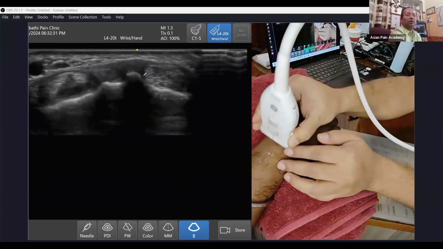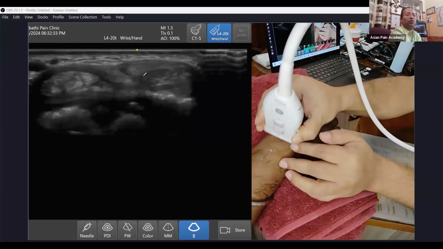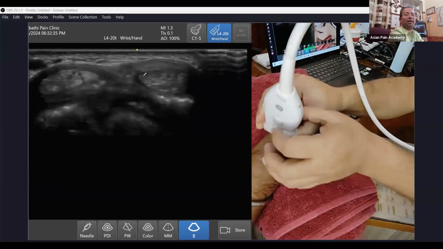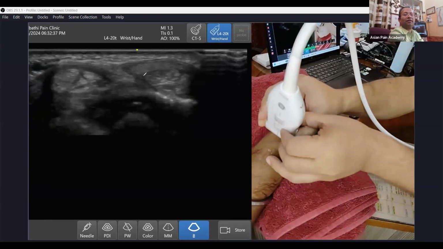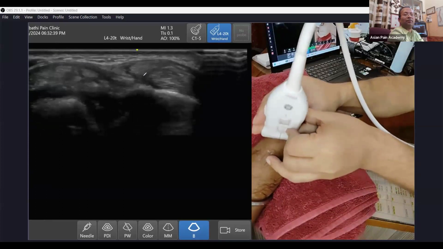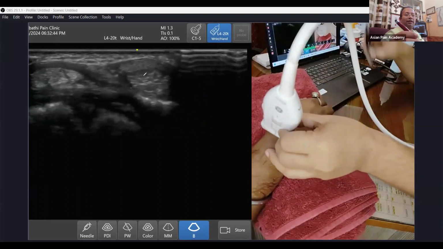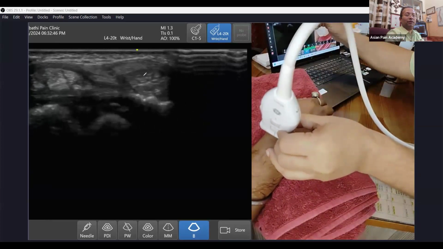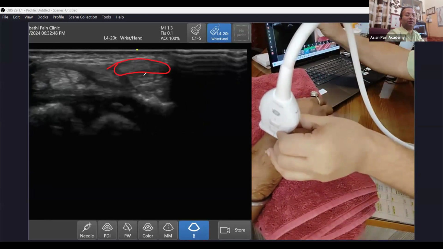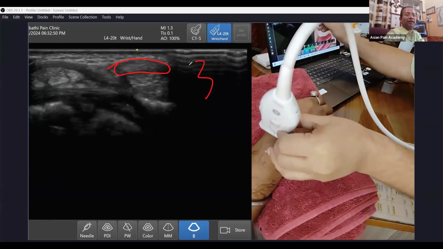So this was compartment number 2, and in this area it is traversing. Can you see clearly? This is the compartment number 3, EPL tendon.